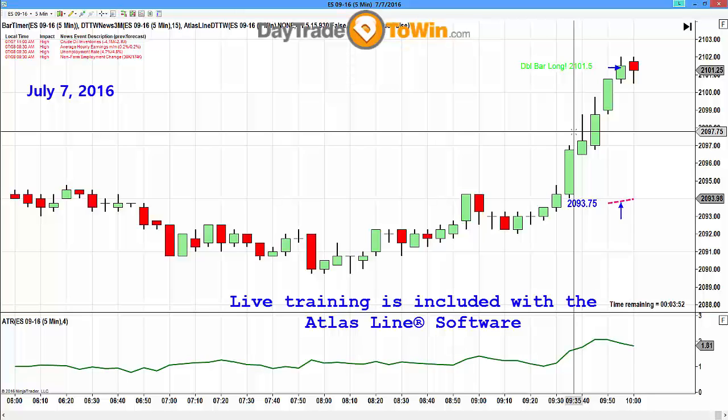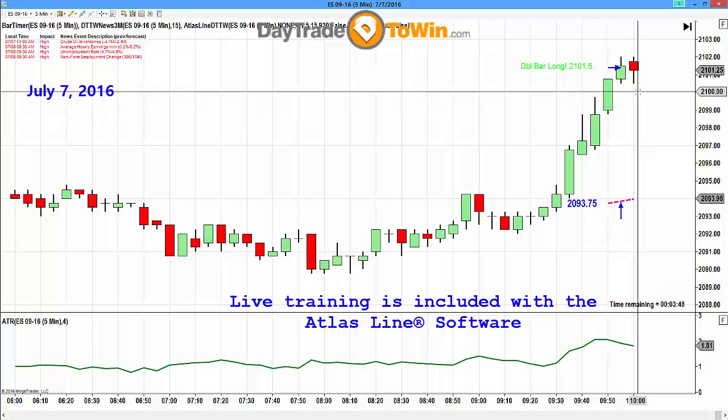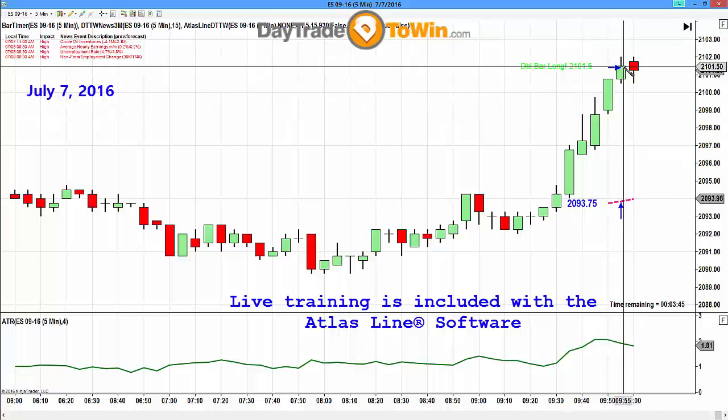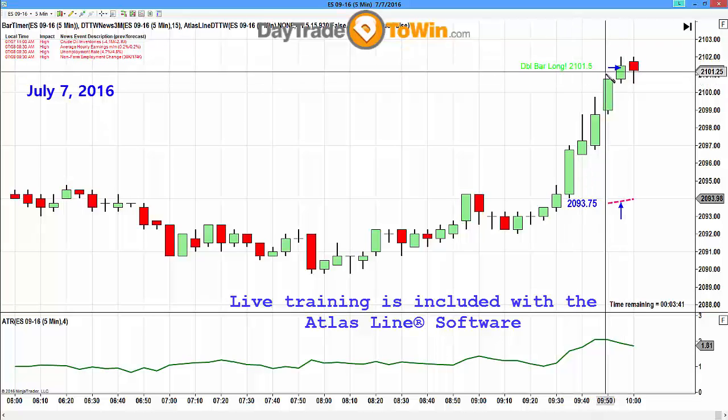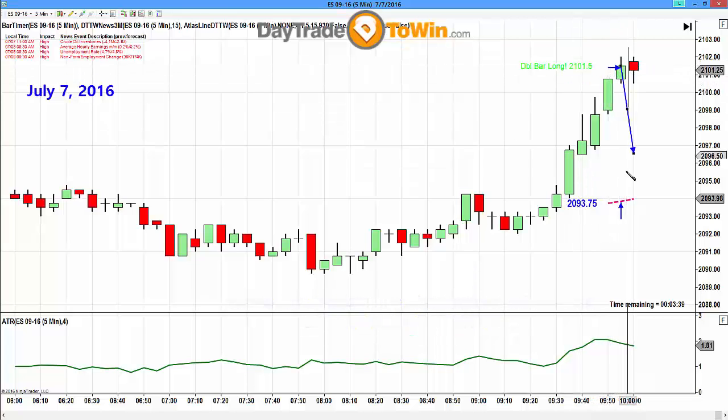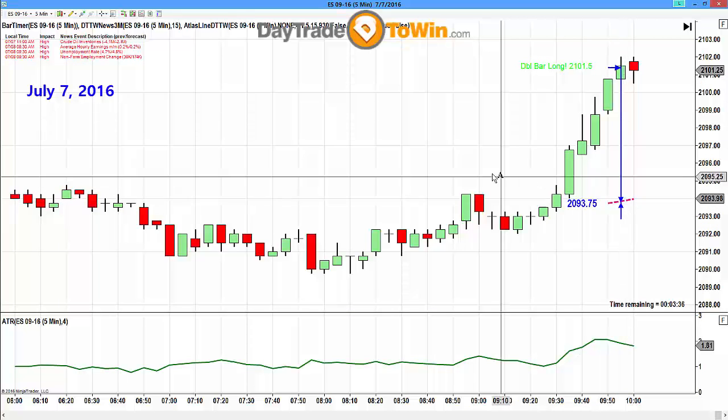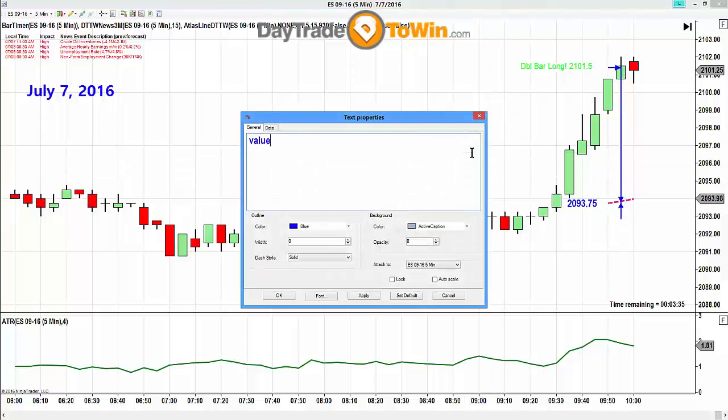If there's not news that is stopping me, if the market's not too slow, if the market's not too fast, what I like to do is compare this entry, which is 2150, you can see right there, with where the Atlas line is plotting. And this value leads me to overbought or oversold.